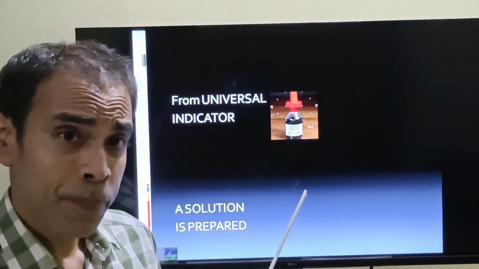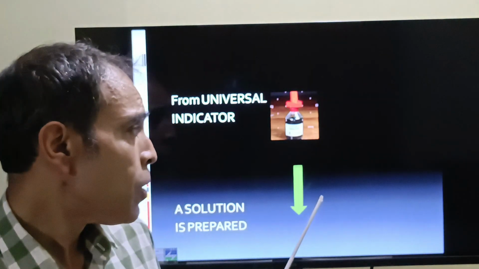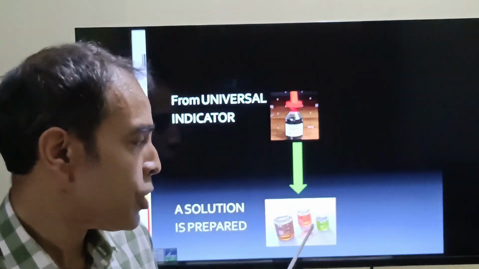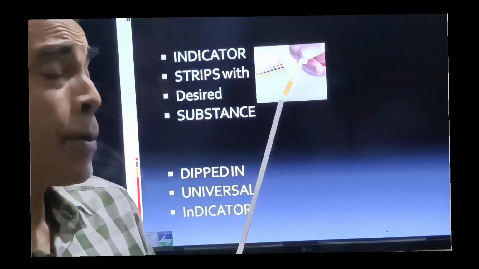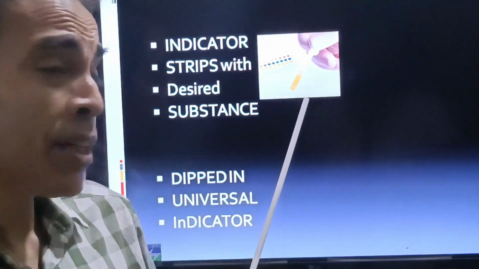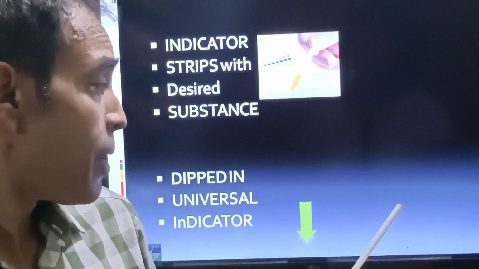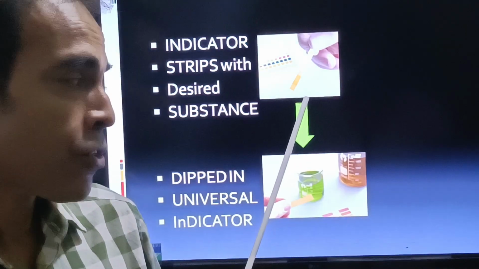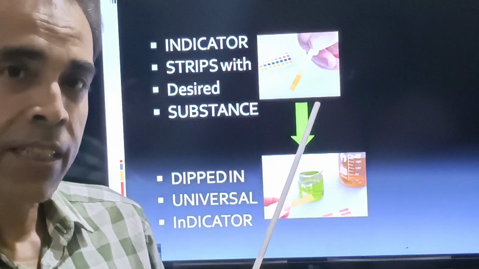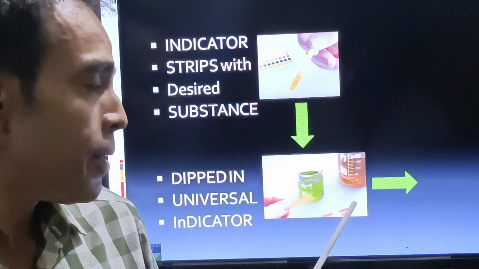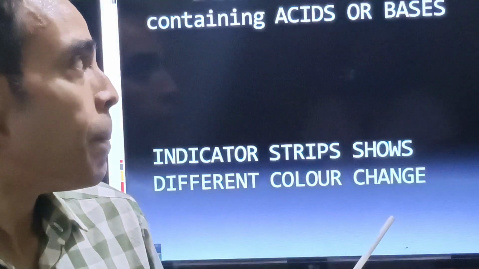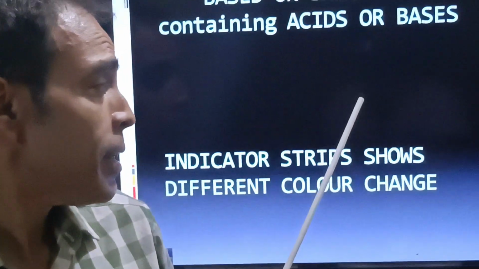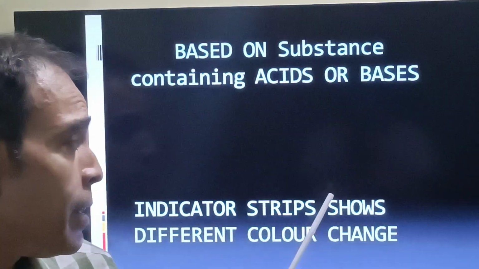Now from the universal indicator, a solution is prepared. Next, we take strips with the desired acid or base solutions and dip them in the universal indicator solution. Then, based on whether the substance contains acids or bases, there will be a color change in the indicator.